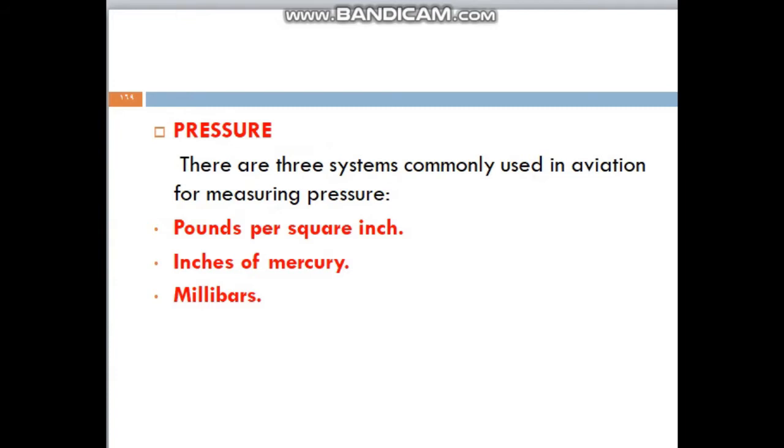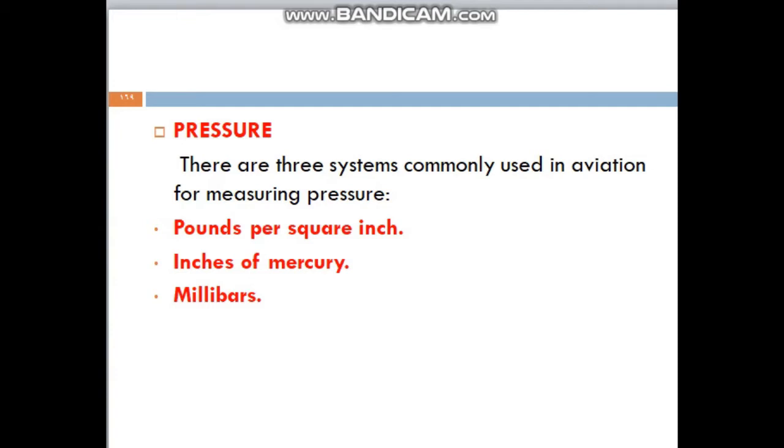Pressure. We talked before about pressure and the types of pressure, and we said that we have three types: absolute pressure, gauge pressure, and differential pressure. Today we will talk about the units of pressure and atmospheric pressure.